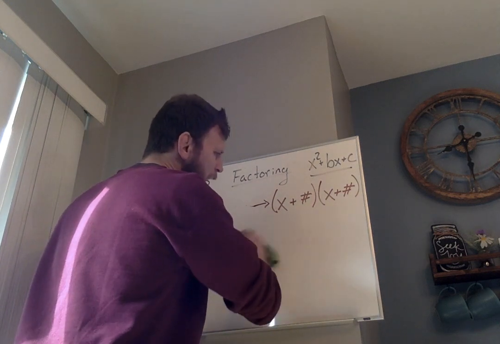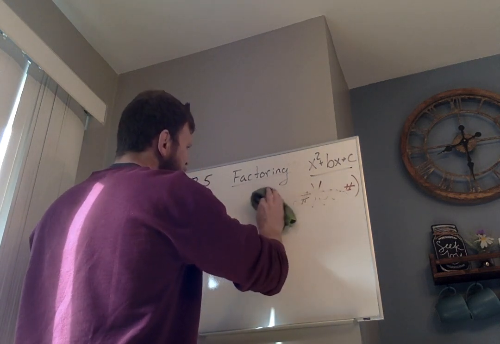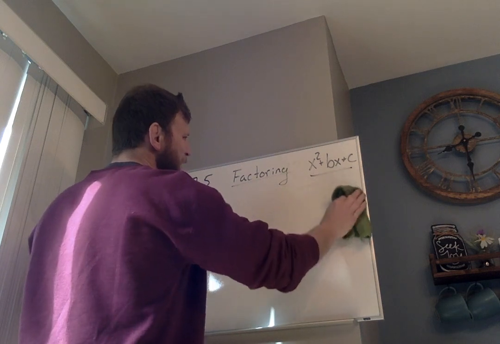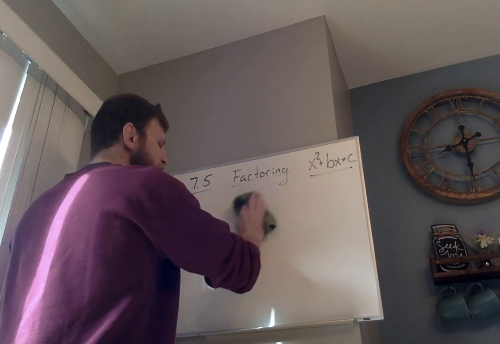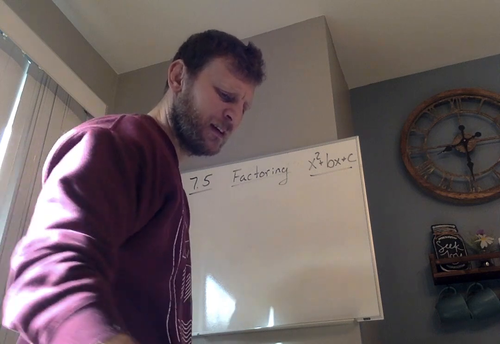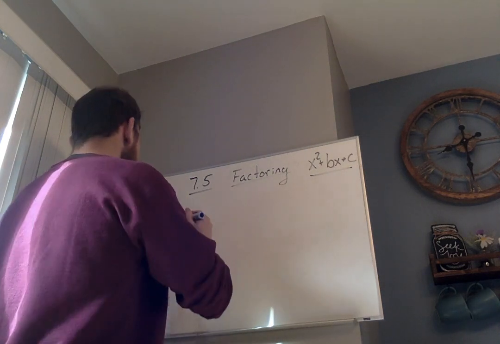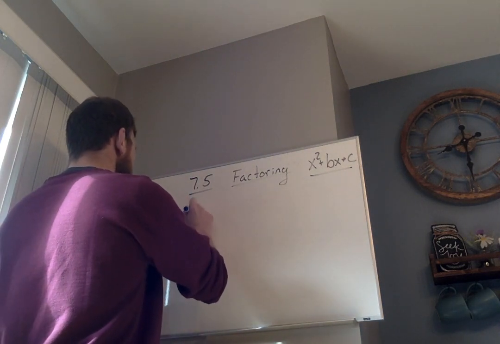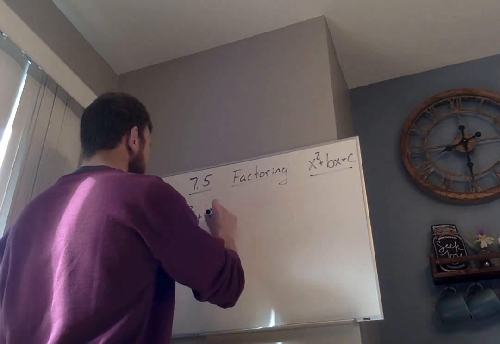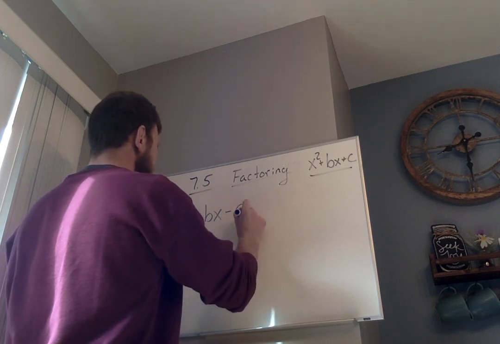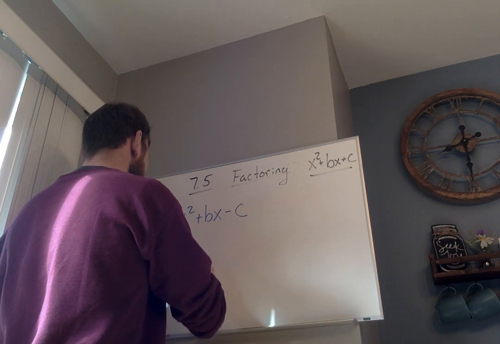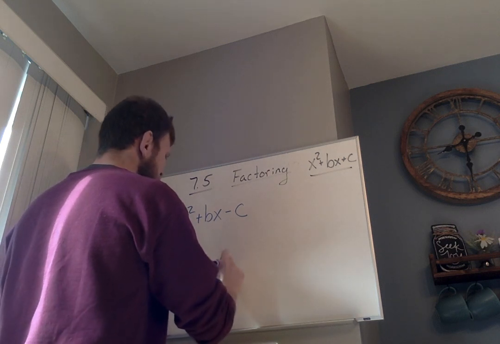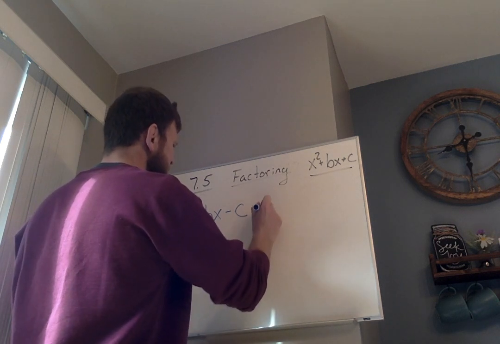So I feel it's very important to go over these patterns because later on, it's going to help you. You're going to be able to look for these things and kind of move on. Ooh, let's use blue. So I have x squared plus bx minus c. And then I have x squared minus bx minus c.